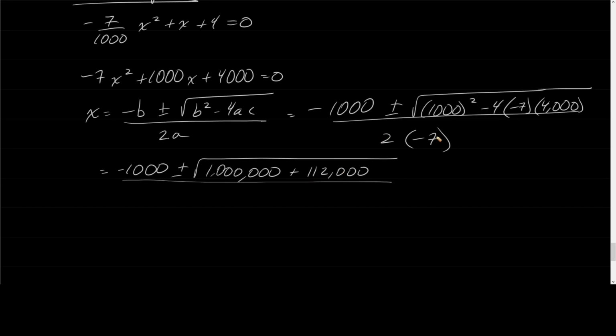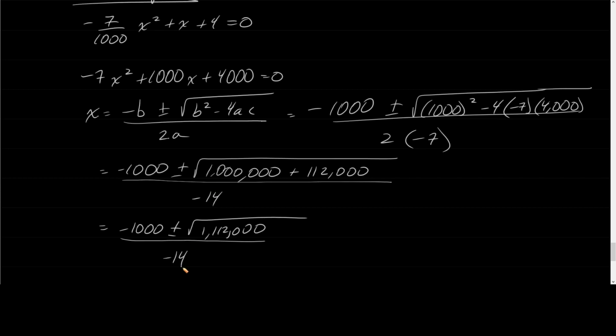All of this over 2 times negative 7, which is negative 14. Now, in this case, we end up with 1 million plus 112,000, so it's 1,112,000, all of that over negative 14.